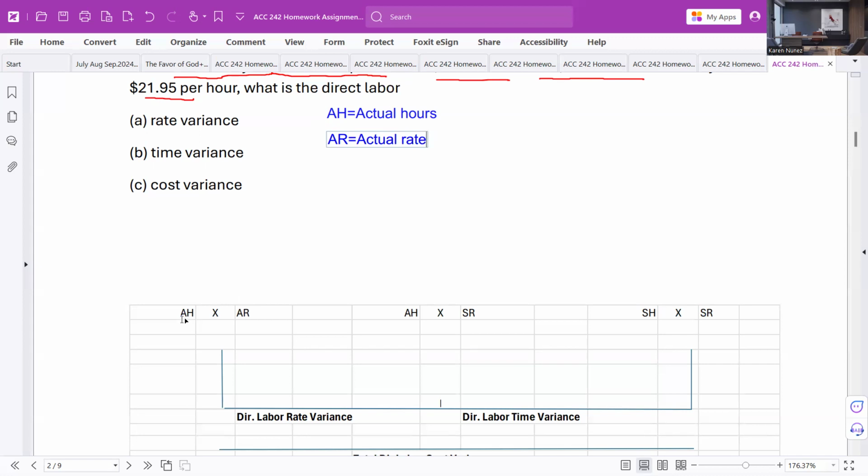SR is the standard rate. And SH is standard hours.